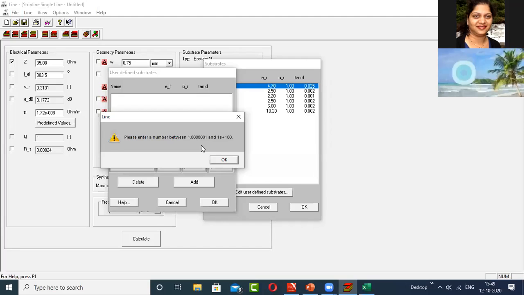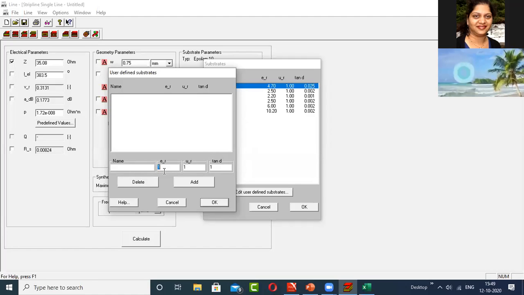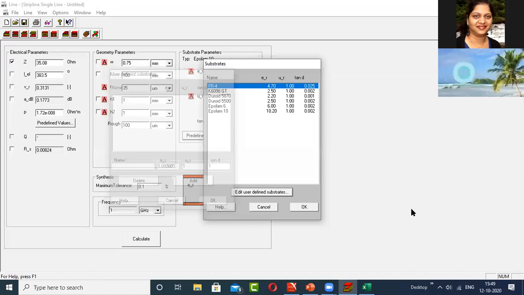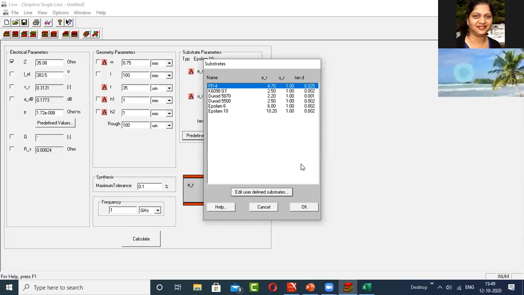Please enter a number between 1 and, okay, 1 I have entered. Cancel it. Okay, so if you want to work at some other dielectric constant, you can define your own constants and you can have the graph.